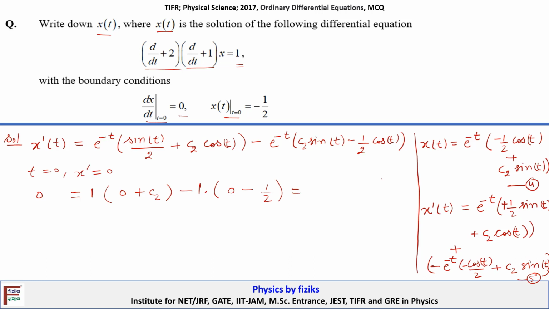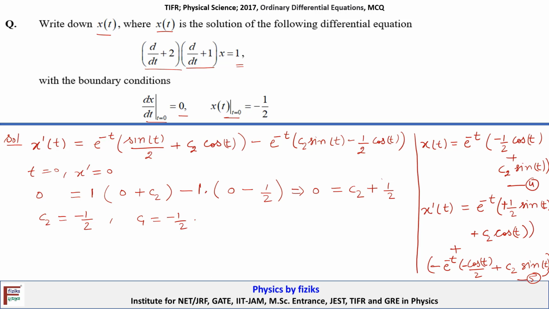And from here we obtain 0 = c2 - (-1/2), the minus becoming a plus, that is c2 + 1/2, and from here we can write c2 = -1/2. We have also obtained that c1 = -1/2.